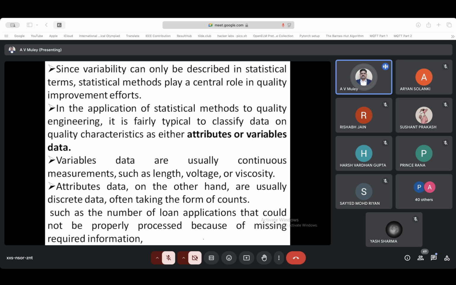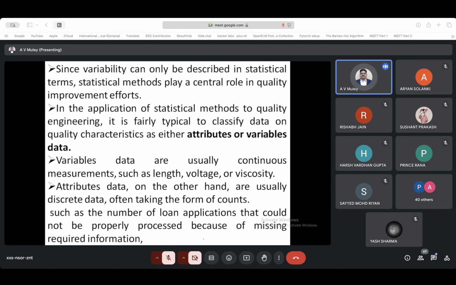Naturally, because a large amount of data is available, we process it to find out what is going wrong or right, and to check whether the method that we are employing is giving a good result or not. So variability can be described in statistical terms. Statistical methods play a central role in quality improvement effort.